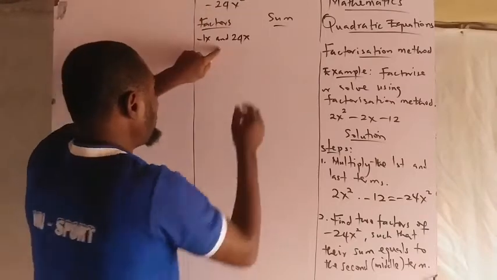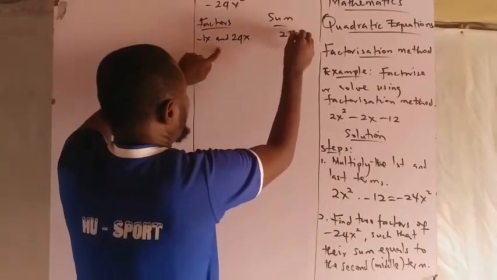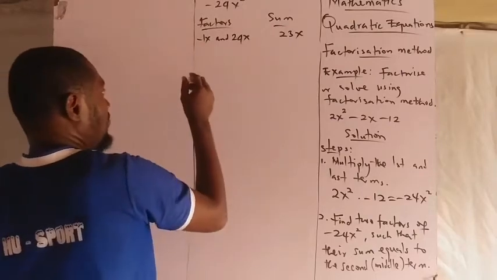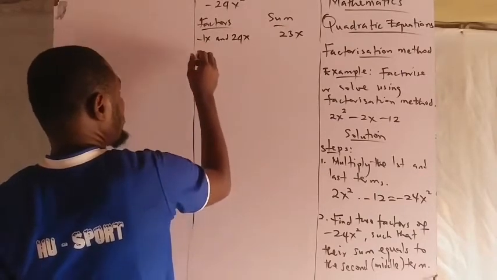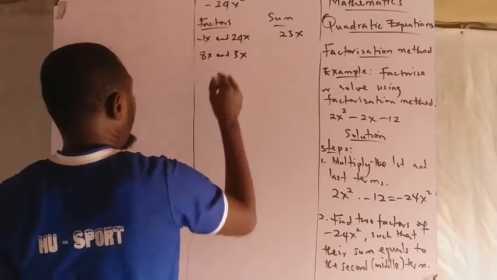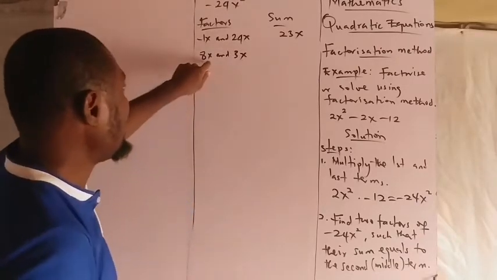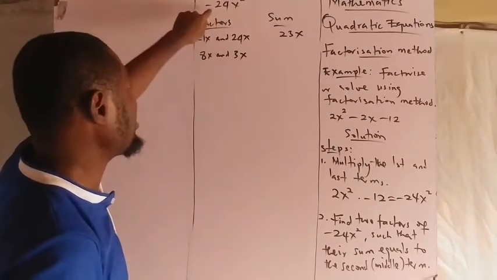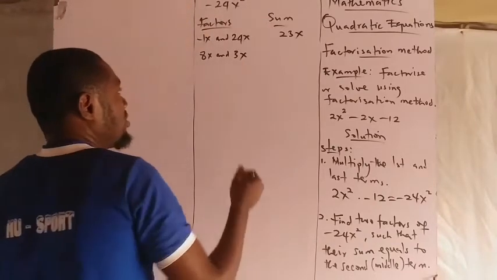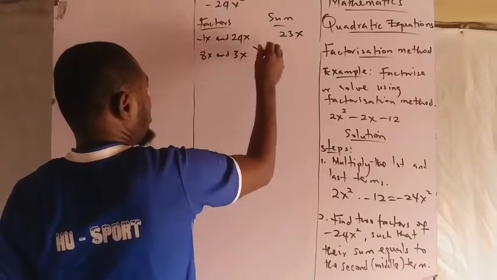But if you add them up, it will give you 23x. Let's look for 8x and 3x. If you multiply 8x and 3x, you will not get minus. This is wrong.